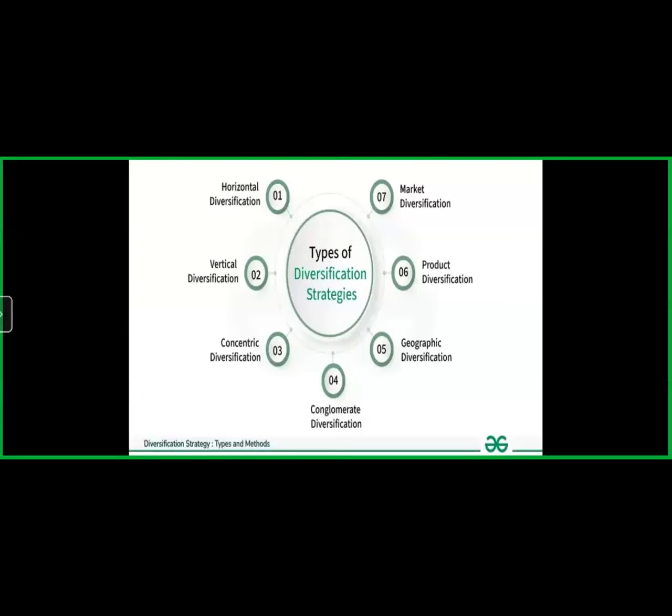Now, unrelated diversification is when the organization is in the business of electrical appliances and now wants to enter, say, the skincare and beauty sector. That particular expansion will be called unrelated expansion.